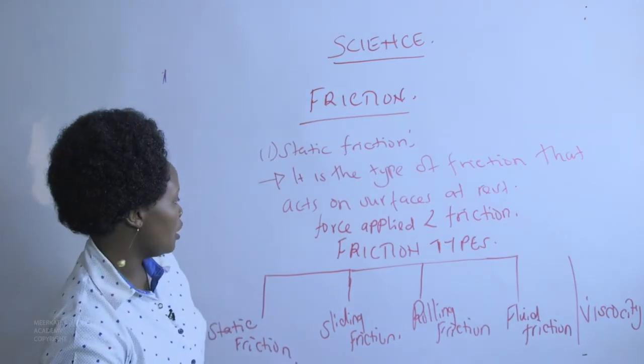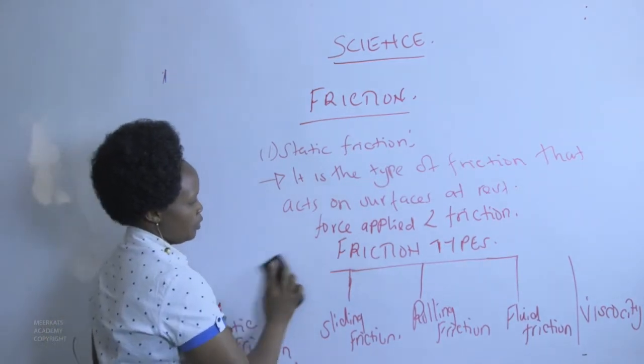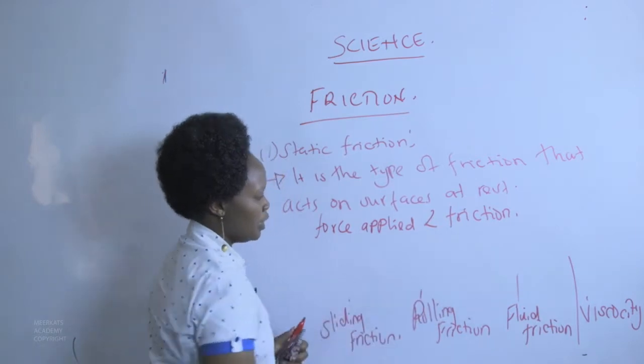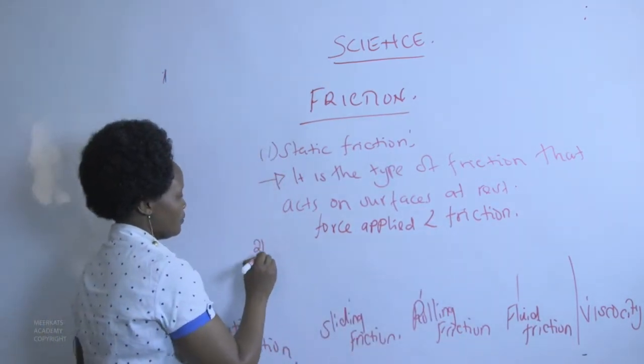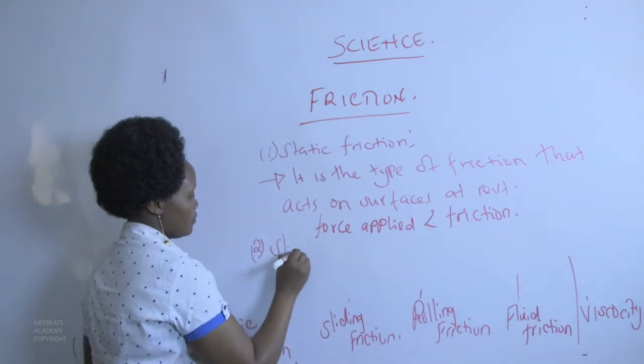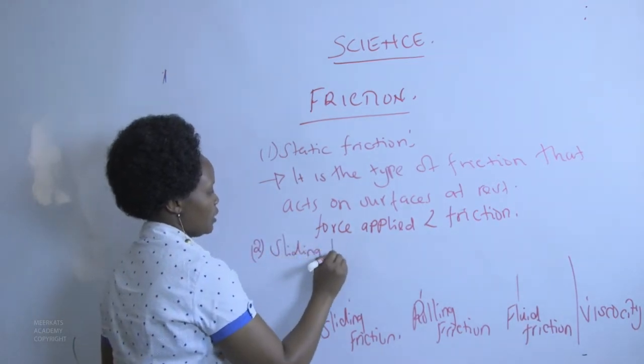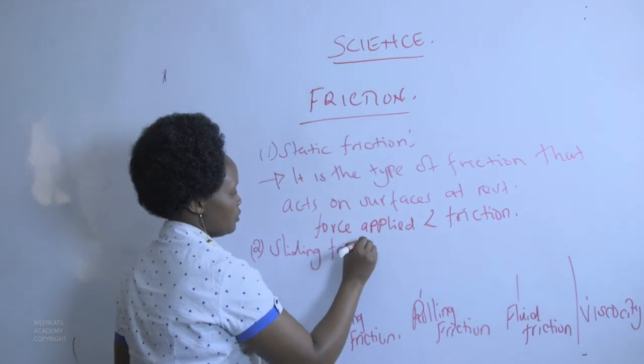Now, the second type of friction that we have is what we've called the sliding friction.